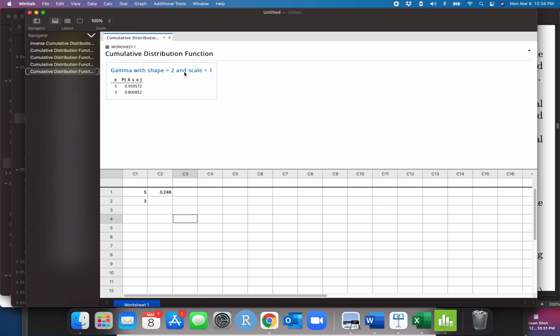Okay, gamma with shape 2 and scale 1. 5 is 0.959, and 3 is 0.80801. And so when you subtract those two, you're going to get the answer. So you could do that if you wanted to. I won't do it right now, but those are the two. You just subtract them to get the final answer.